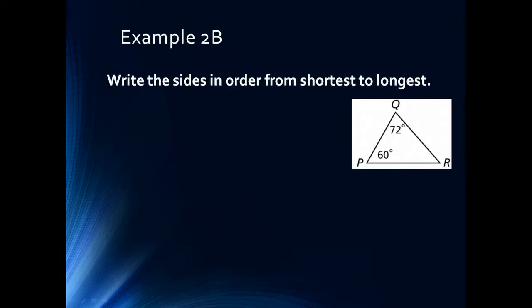If we want to write the sides in order from shortest to longest, and we are given a triangle with two angles identified, we want to find the measure of the remaining angle, so we subtract from 180 and we get that angle R is 48 degrees.